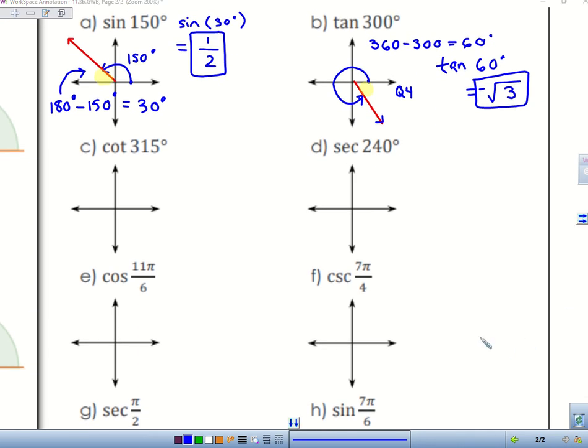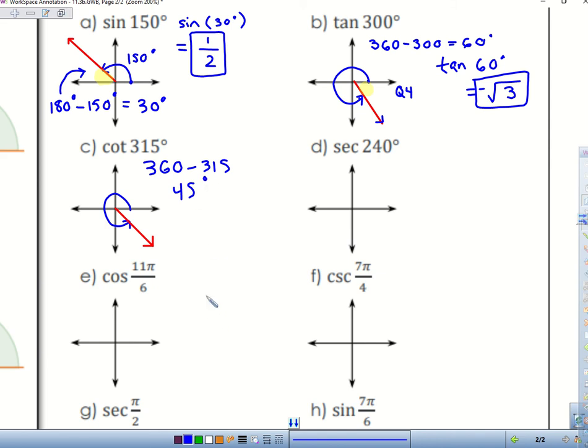Now we're going to do cotan. So we go here, 315. So we're in what quadrant? 4th quadrant, you do 360 minus angle measure. That gives me 45.